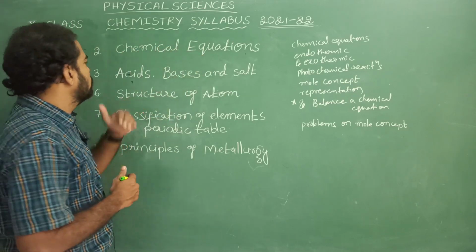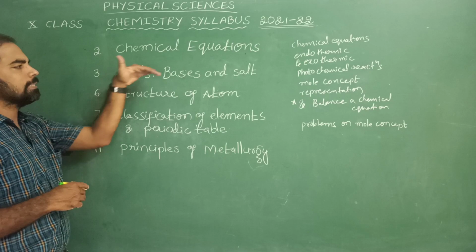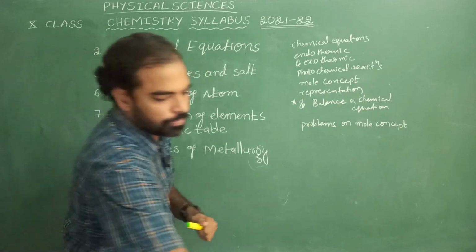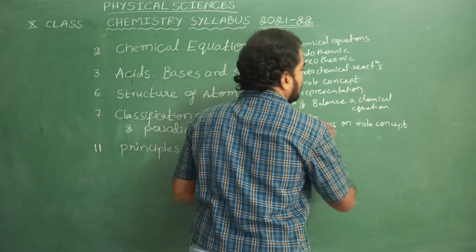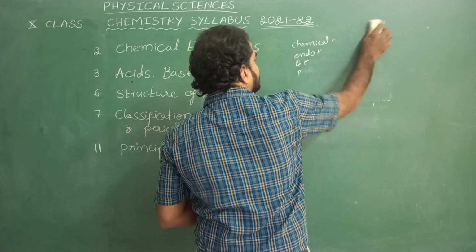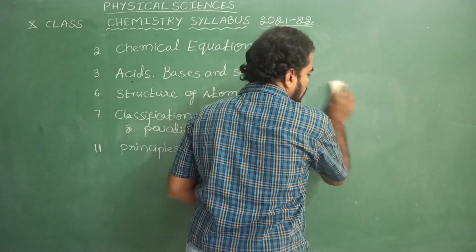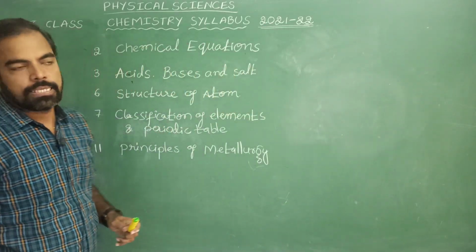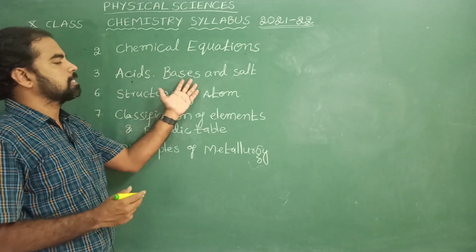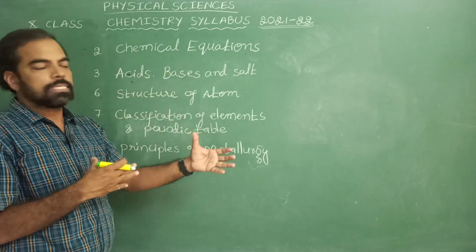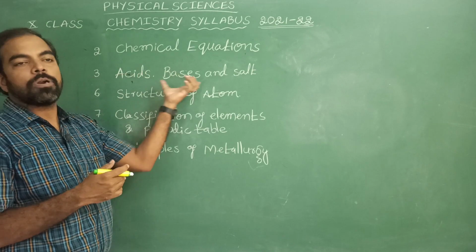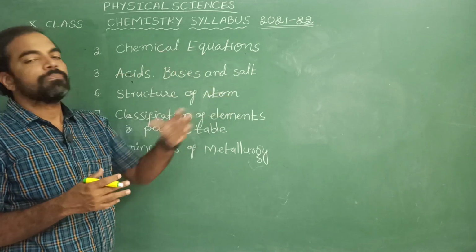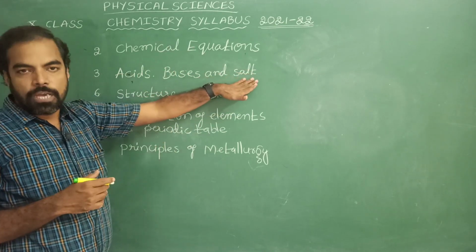Okay students. Now let us see acids, bases and salts. In acids and bases, the chemical properties of acids and bases. What is an acid? What is a base? Chemical reactions or chemical properties of acids, bases, and the types of salts.